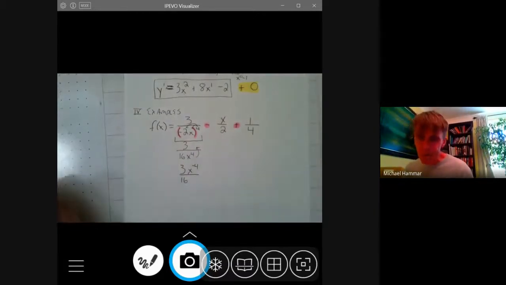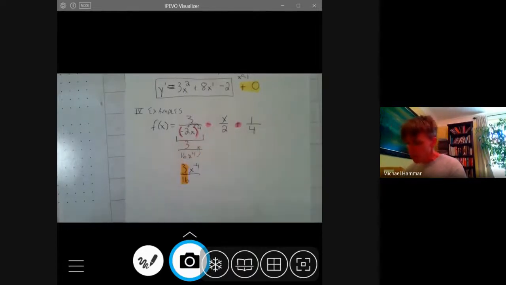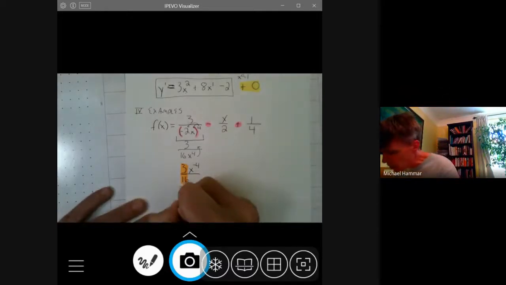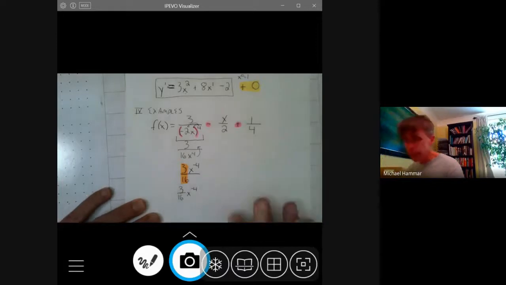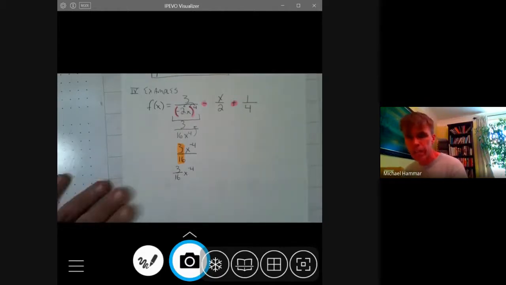Well, there's one other thing you need to recognize. This 3/16, this is the constant being multiplied by the power. So if you need to, you can think of it this way: you can pull the 3/16 out, and remember, it's 3/16 times x to the negative fourth.